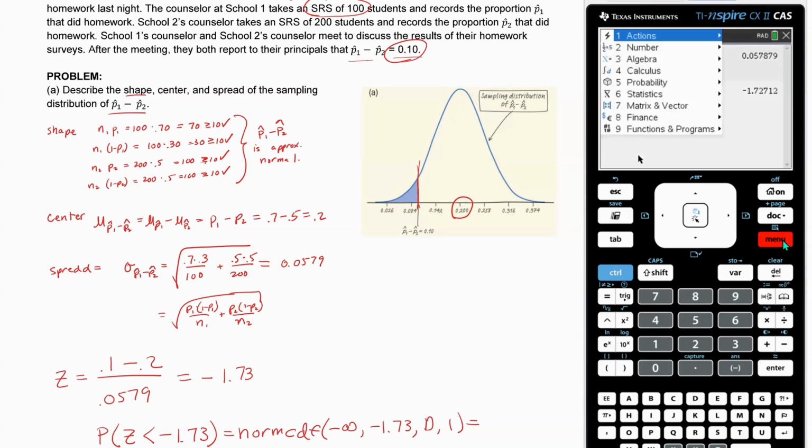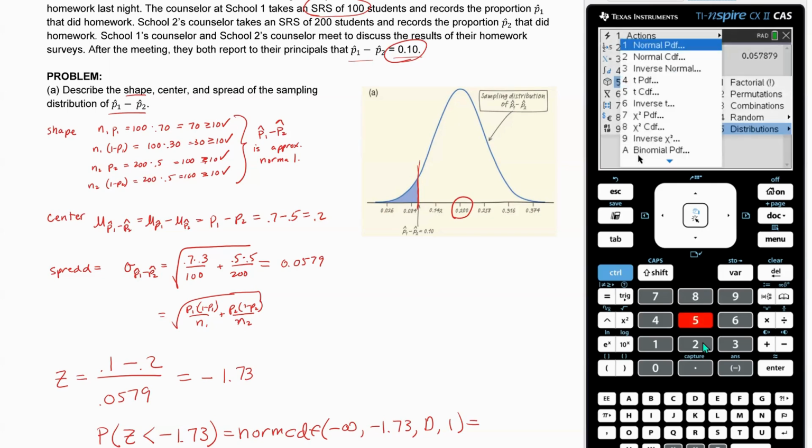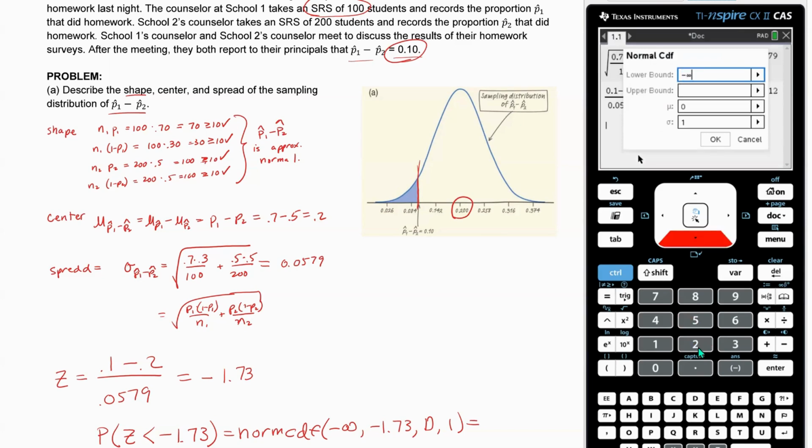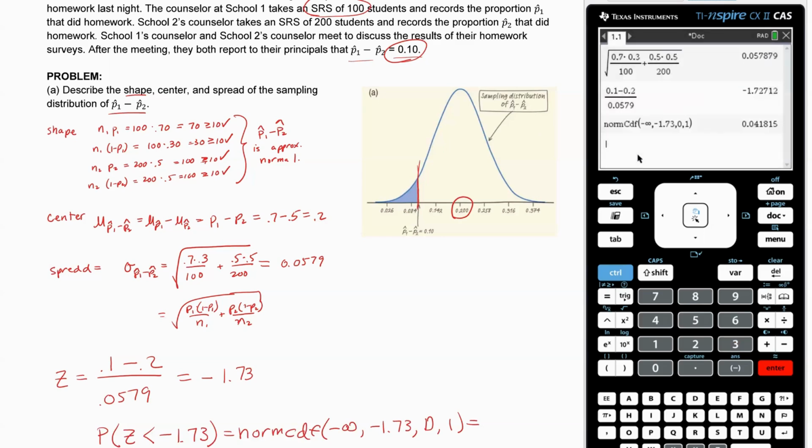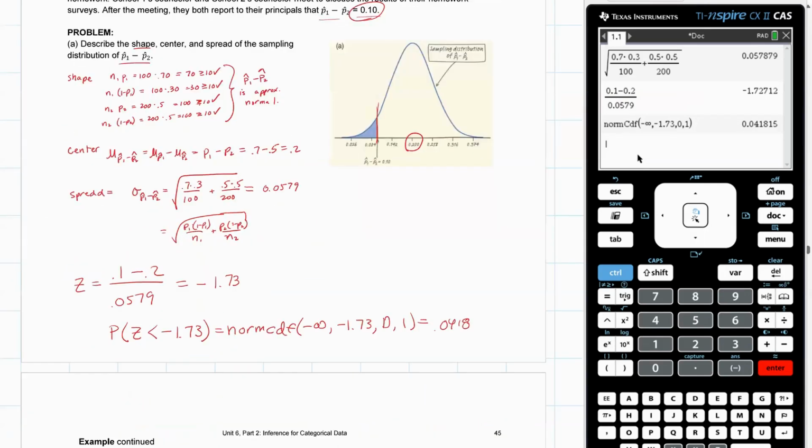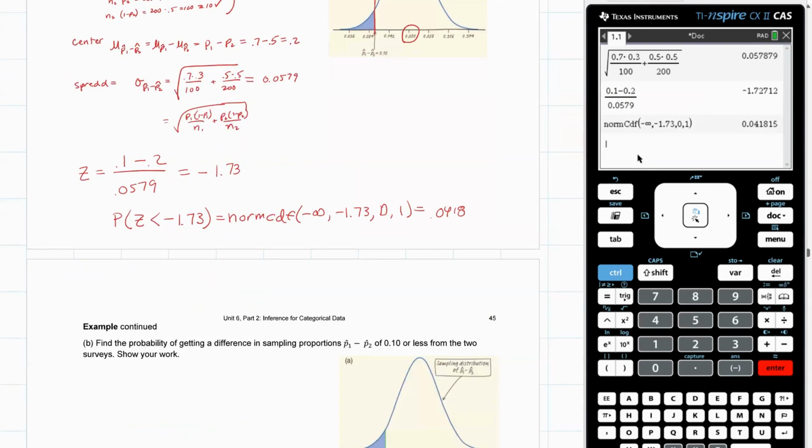That menu is under probability, distributions, normal CDF, negative infinity to negative 1.73, and the other values are fine. So about 4.18%. Okay.